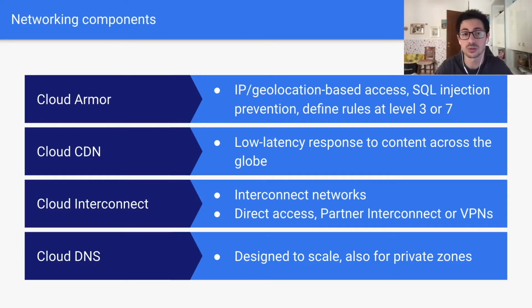You can do that thanks to a content delivery network. Nothing incredible, I guess. If you know that content delivery networks exist, here I'm just telling you that GCP has a solution for that. Then we have Cloud Interconnect, which is a way to interconnect networks.